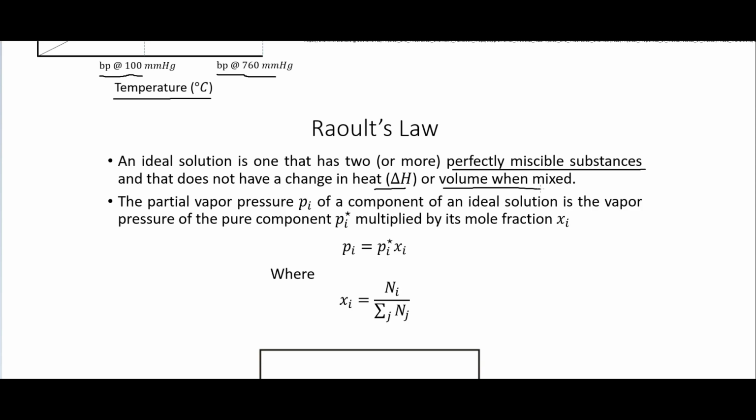So, for instance, if you have some pure water and pure ethanol, and you mix them together in a 50-50 ratio, what you'll see is that the volume of the mixture is actually less than the addition of the two pure volumes because of the way the molecules interact with each other. And so we could think of something like a beaker here that has, say, water on the bottom and ethanol on the top.